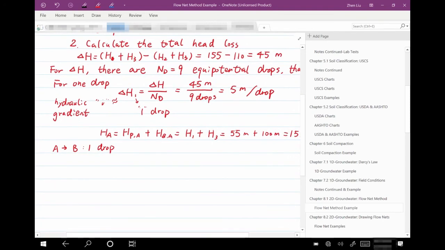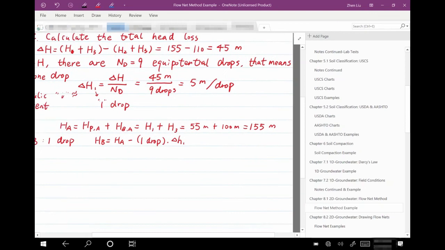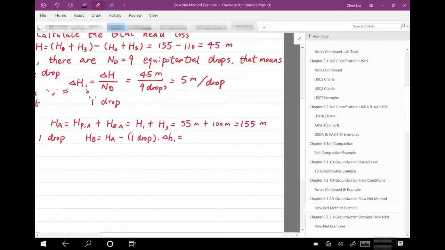So that means HB, the total head at point B, will be HA minus the head loss. And the head loss is one drop times delta H1. So that is the head loss per one drop.